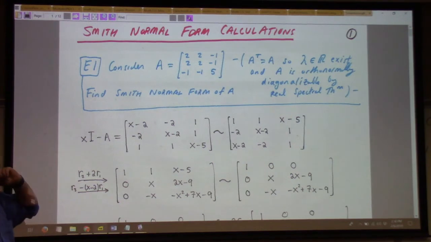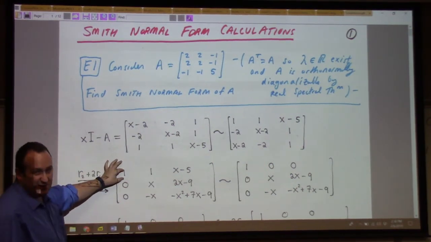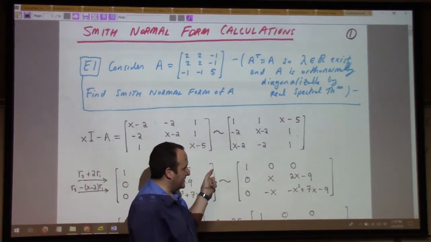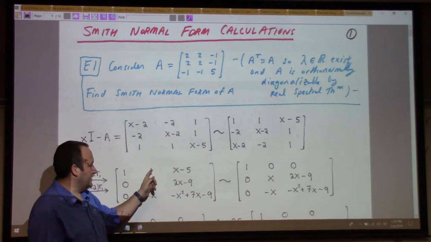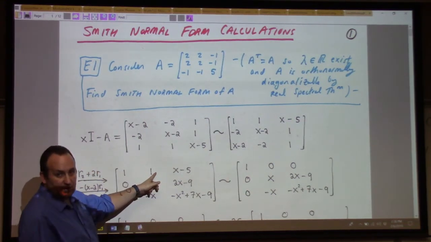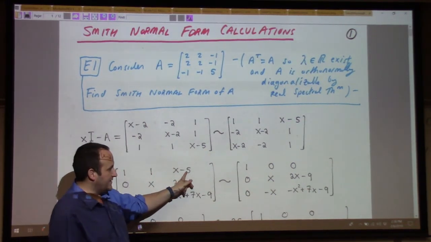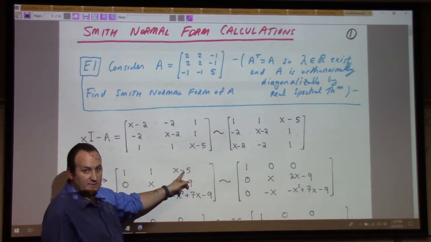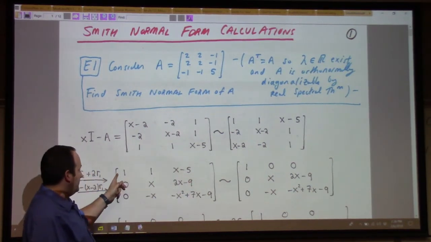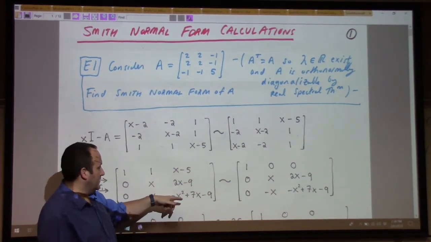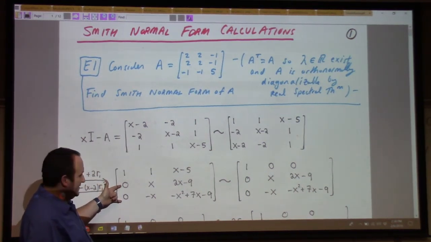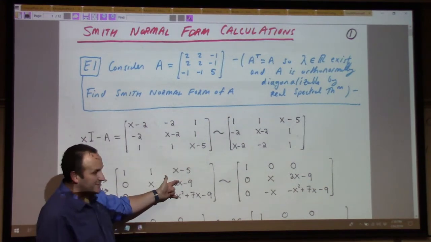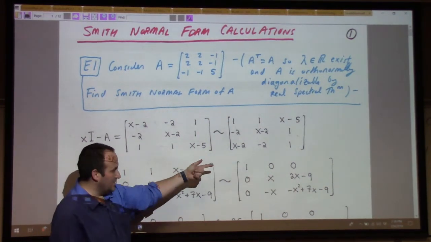So that means that the GCD of the original matrix is 1, which means I'm trying to put a 1 up here and then clear out below and to the side using row and column operations. So to get rid of this and this, I subtracted column 1 from column 2, and I subtracted (x minus 5) times column 1 from column 3, which is hard to see because once you have zeros here, there's no even thinking involved, right? It doesn't even mess with these two, but it clears this out.